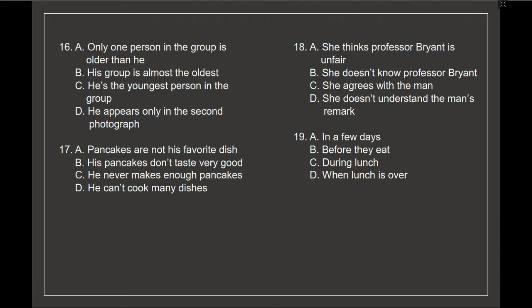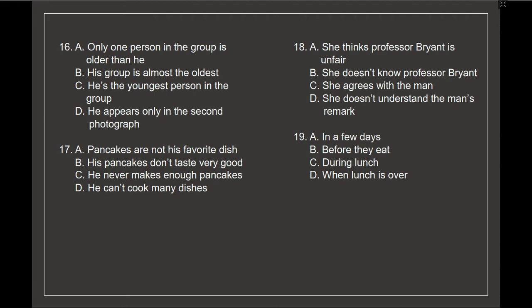Number 17. "Sam sure cooks good pancakes." "Yeah, but not much else." What does the woman say about Sam? Number 18. "Professor Bryant always grades fairly." "I couldn't agree with you more."